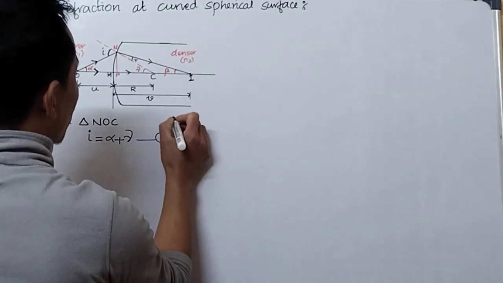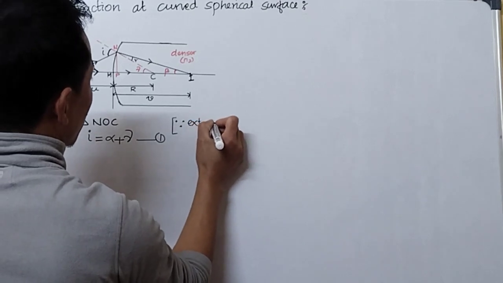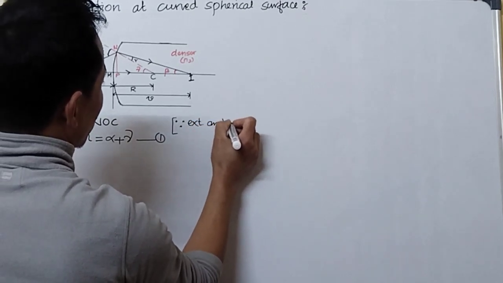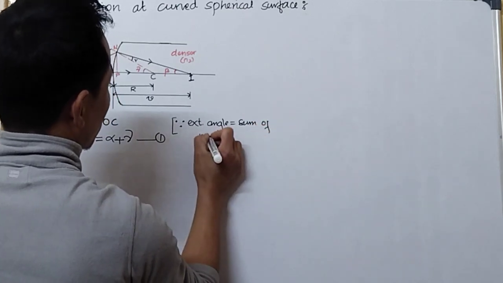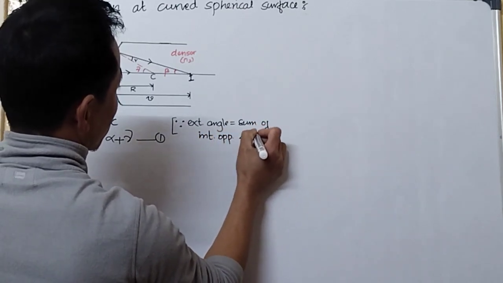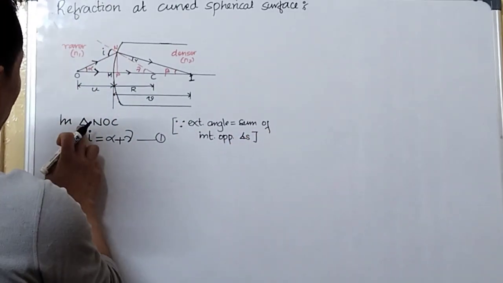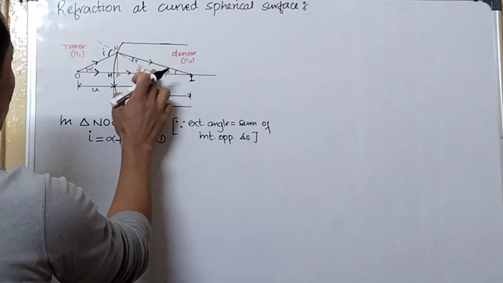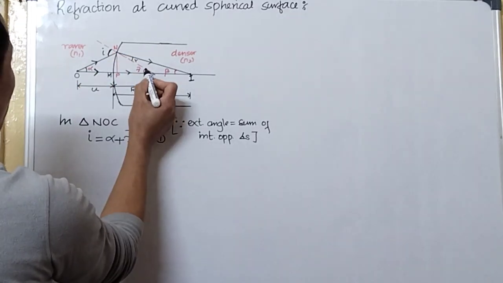Here we have used this theorem which says the exterior angle will be equal to the sum of interior opposite angles. So this is the theorem which you have to remember here. So in this triangle NOC, this one is the exterior angle and these two are the interior opposite angles.